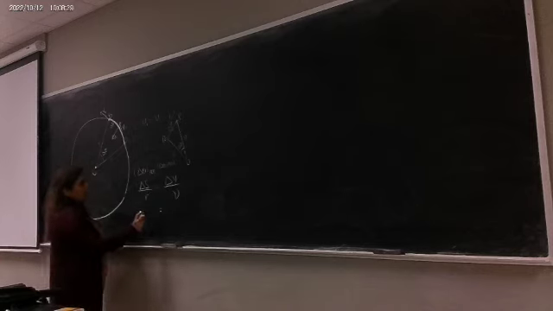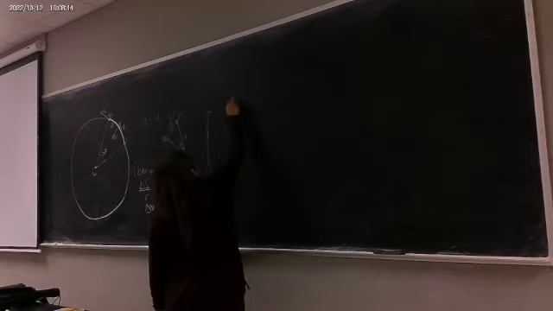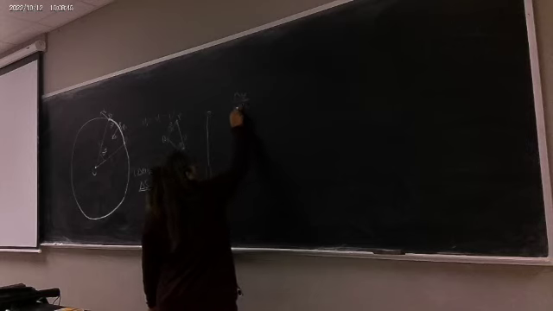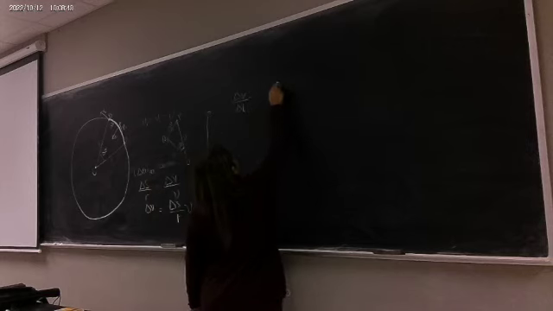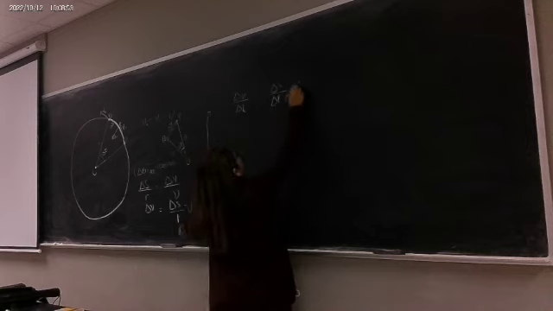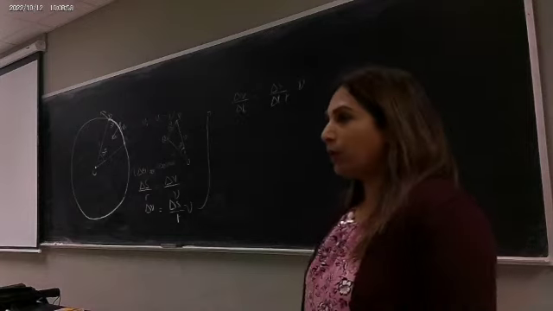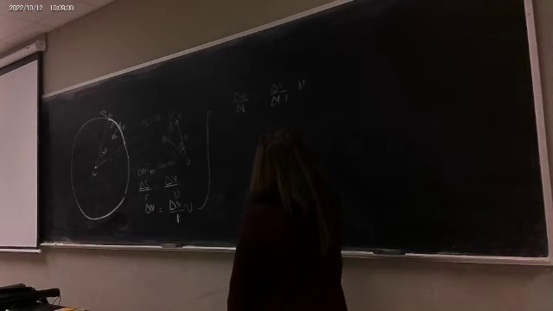We can write it as delta V, leaving delta V alone, equals delta S over R times V. Dividing both sides by delta T, we can do that mathematically, dividing both sides by time passed.